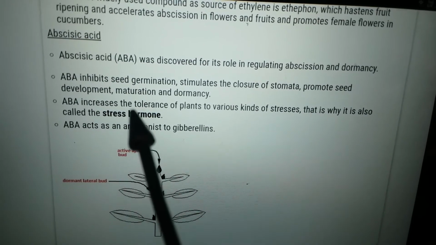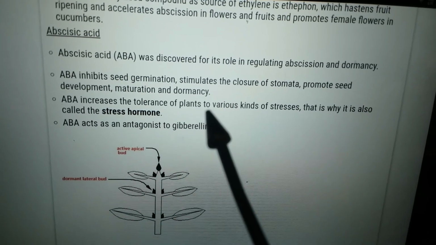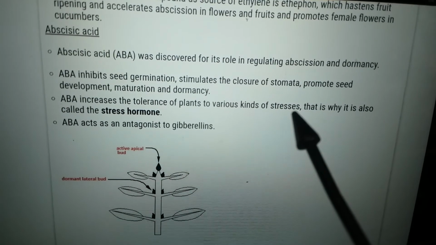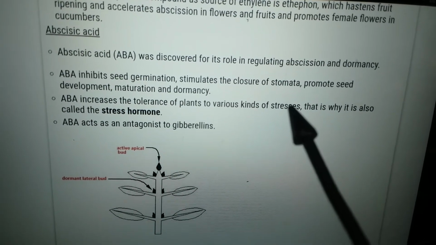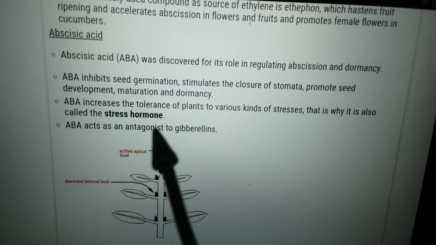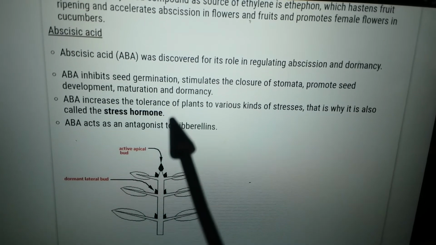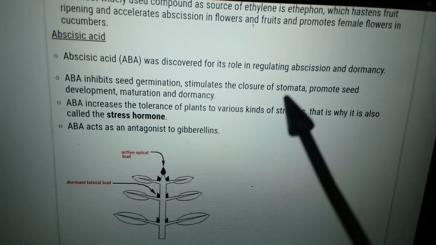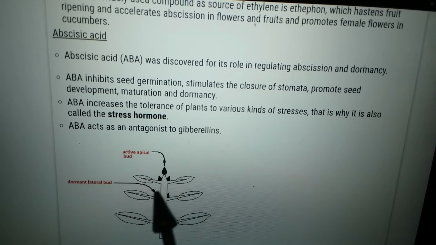Abscisic acid increases the tolerance of plants to various kinds of stress, like salt, water, and temperature. That is why it is also called the stress hormone, and it acts as an antagonist to the gibberellins.